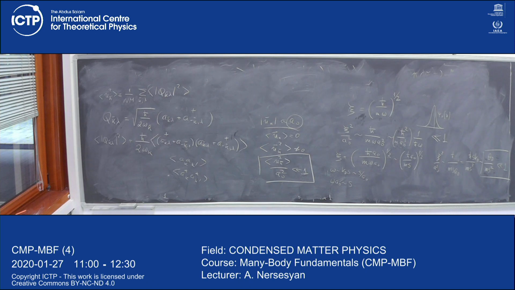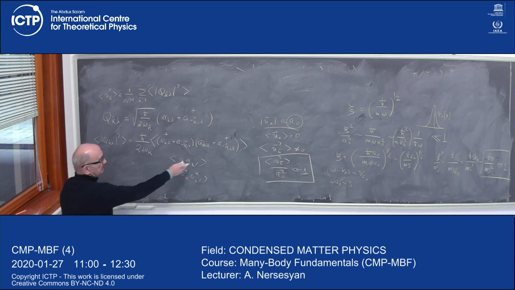That's right. So if you calculate the average of this kind, you have to remember the following thing: when a acts on some state, call it n, it will give you a state proportional to n minus 1.